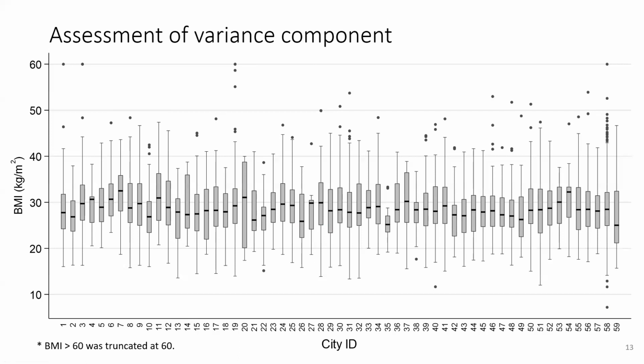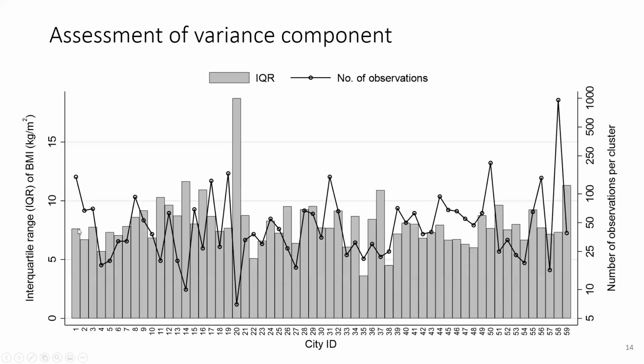But here we have to recall that some cities have a very small number of observations, like 7 or 10, and many cities have less than 50 observations per city. So we have to consider that. Now I extracted only the IQR in the next graph. This is the IQR, and I also superimposed the number of observations using a line plot.